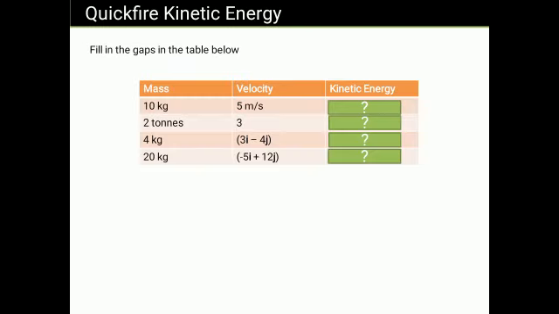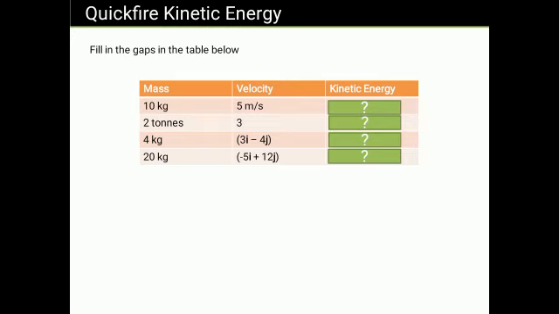Now, given these formulas and values, you have to find the kinetic energy. For example, 10 kg mass and speed 5 meters per second. What is the kinetic energy? We apply the kinetic energy formula, half into mv square.